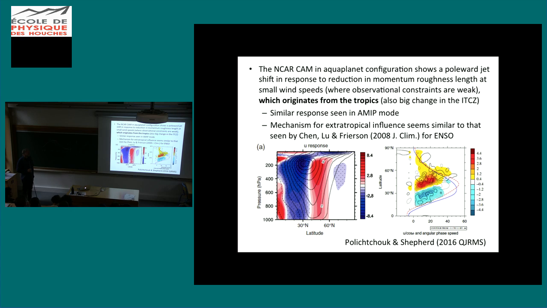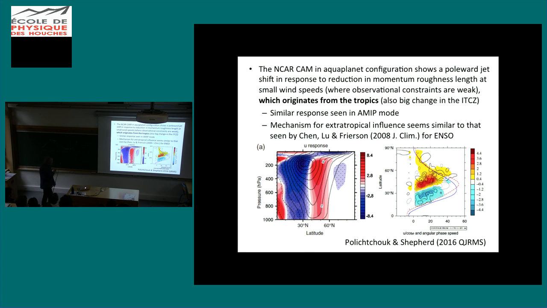And you can't, of course, change a Rayleigh friction, but what you change is the momentum roughness lengths, especially at the small wind speeds, which turns out to be where the observational constraints are very weak. It turns out we also got a poleward shift, but for completely different reasons. I guess a tropical person would say, come on, how could you forget about the tropics?